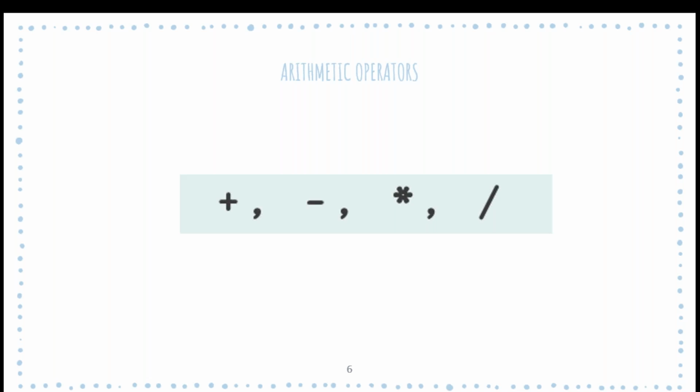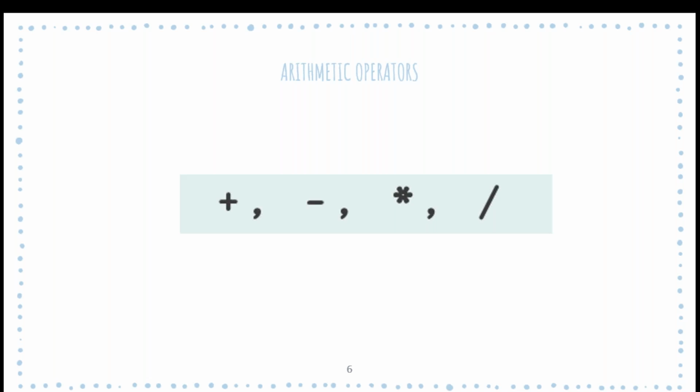Every language has its own arithmetic operators, and for the most part they are universal. The plus sign will normally do addition for all programming languages, but there are a select few where it won't. For Java, it will. As you can see here, I've attached an image which depicts the four main arithmetic operators we're going to be using today: addition, subtraction, multiplication, and division.